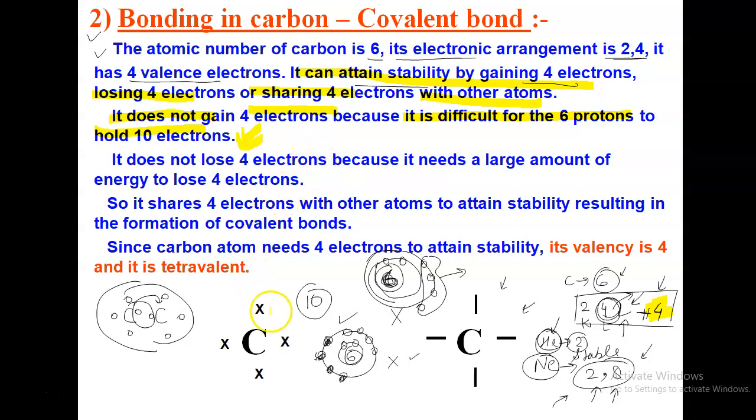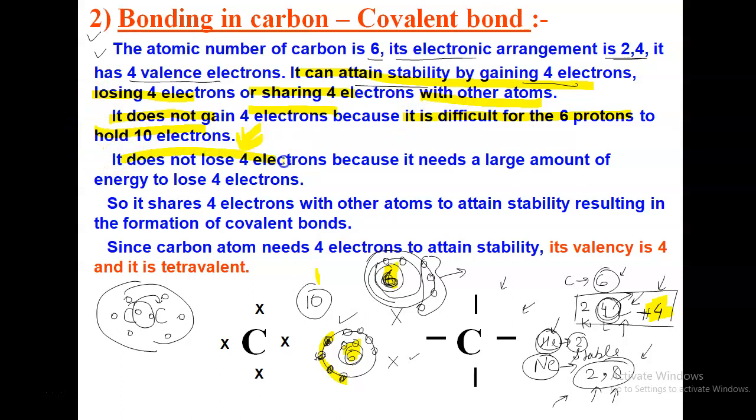As I have said, carbon has 6 protons in the nucleus, and if it gains 4 electrons, it will be highly unstable. For the 6 protons, they will feel very loaded with negative charge. So it will be highly unstable for the protons to gain an extra 4 electrons. Understood?